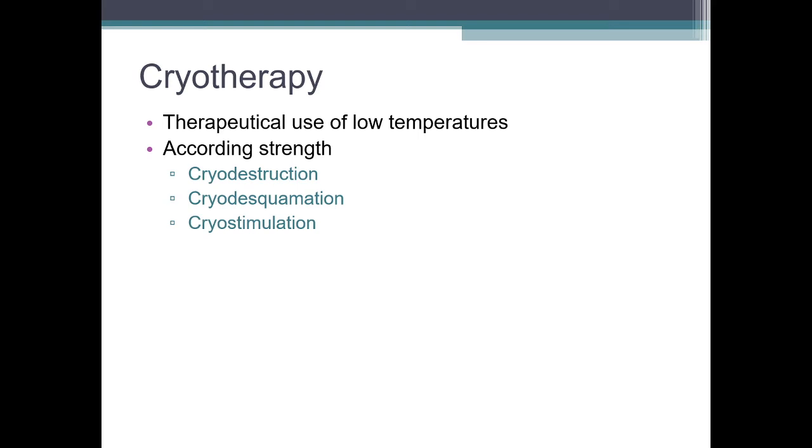But mostly we are using a much longer time, which doesn't make only vasoconstriction and vasodilatation, but we freeze the structure so much that in the cytoplasm we make ice crystals from the water, and these crystals destroy the whole cell. So we make destruction of the cells of the lesions.